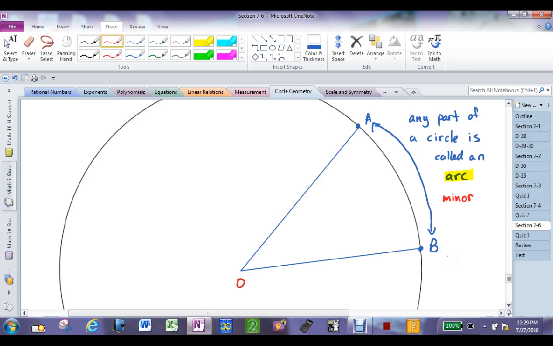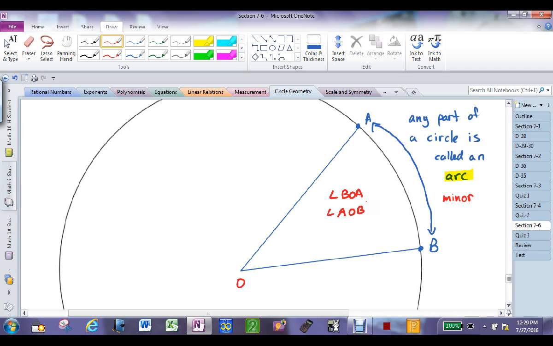Angle AOB, or BOA. This angle is angle BOA or angle AOB. Everybody got it?